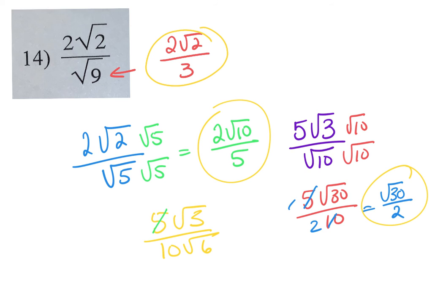So for this one, I would say, well, the 5 and the 10 can reduce. The 3 and the 6 can reduce. And I end up with square root of 1, well, that's just 1 over 2 square root of 2. Well, now I need to rationalize, right? And I can rationalize this guy as well. I end up with square root of 2 over 4.